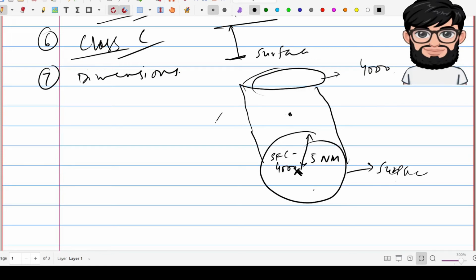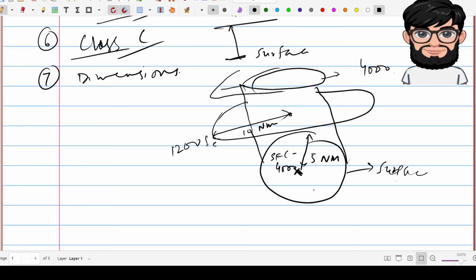The 10 nautical mile radius normally starts at 1200 feet and goes to 4,000 feet. This is what they call an upside-down layered cake, you can say.